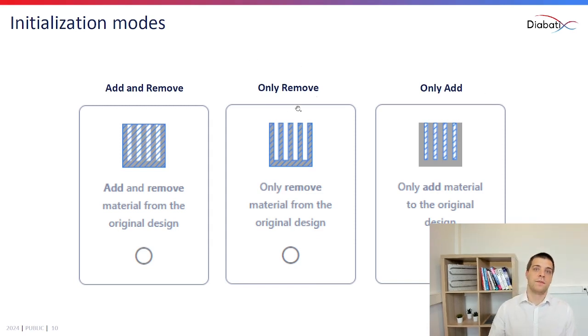Only remove is the complementary mode. The channels of your initial design are untouched. ColdStream can only take away material from your initial design. Let's take again our pin example. ColdStream can then decide which pins to keep and which pins to remove, which is, for example, very good in a weight minimization setting where you have a maximum performance temperature target, and a weight minimization target.